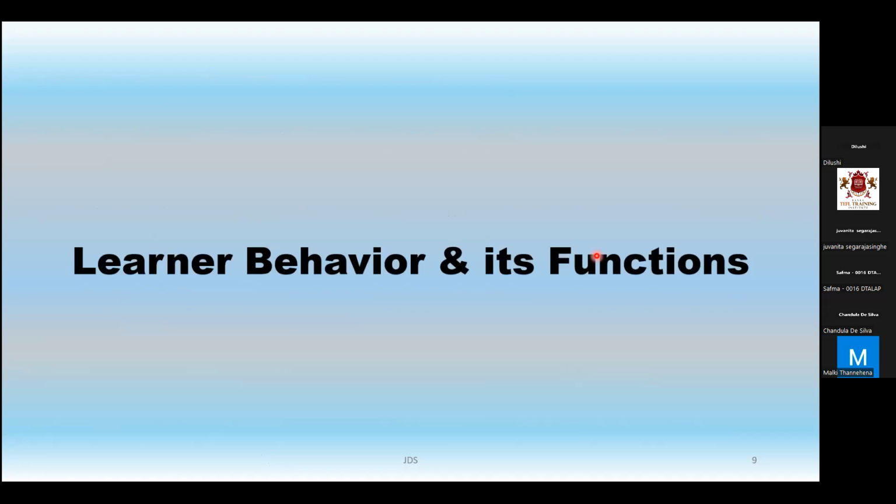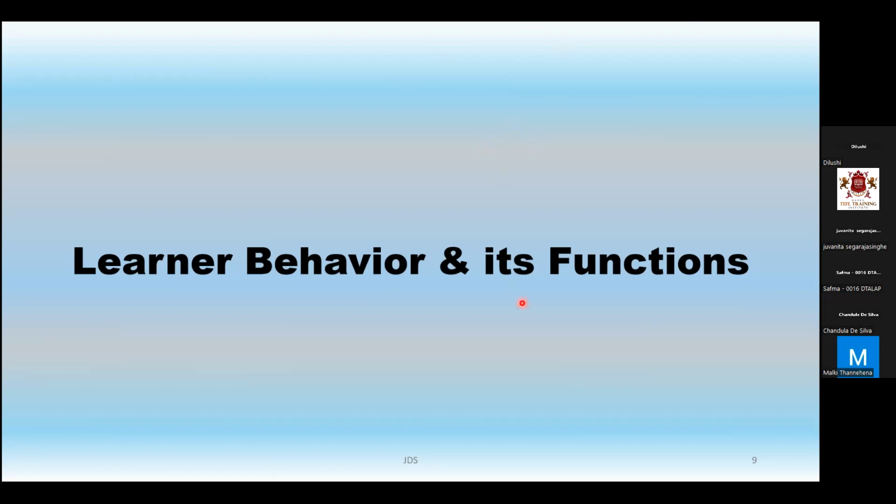Okay, tell any feature of the learner behavior. Quickly, we can't waste time. Just tell a few features that we discussed under learner behavior.